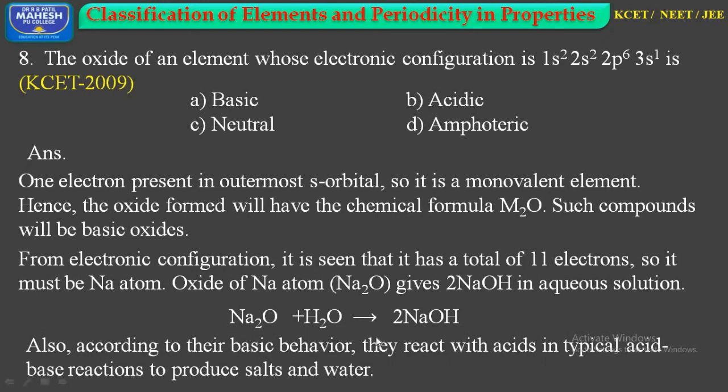Also, according to their basic behavior, they react with acids in acid-base reactions to produce salts and water. So with this, we can conclude that the metal is sodium, the oxide of the element is sodium oxide, and it is basic in nature. Option A is the right answer.